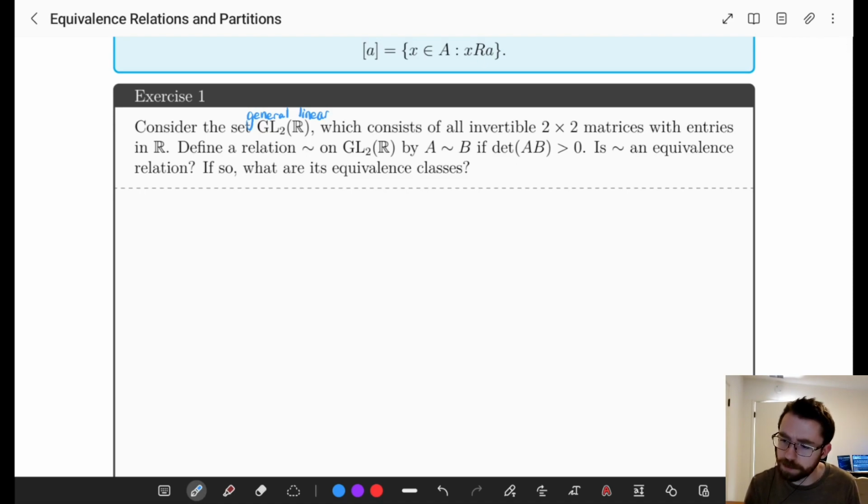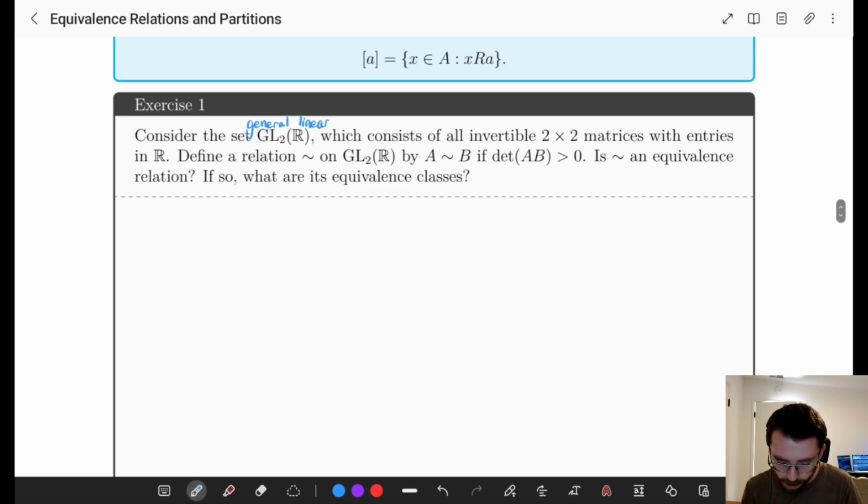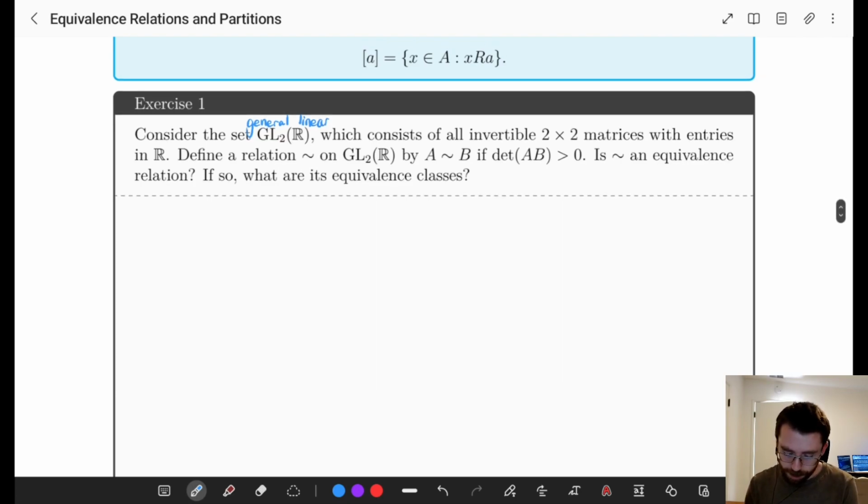General, I don't know exactly where that comes from, but it has to do with the matrices being invertible. So I guess most matrices are invertible, so there you go. That's general. Okay, so to lay this out, this is the set of all invertible 2x2 matrices with entries in R.